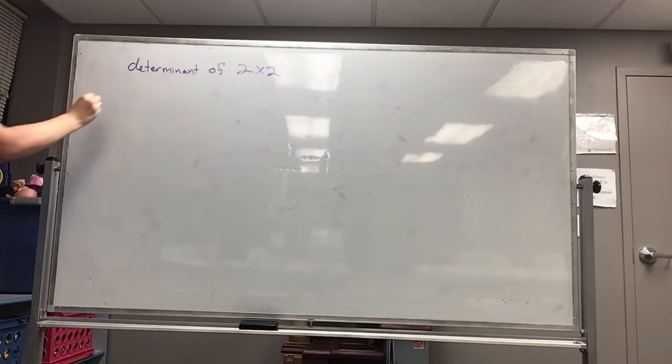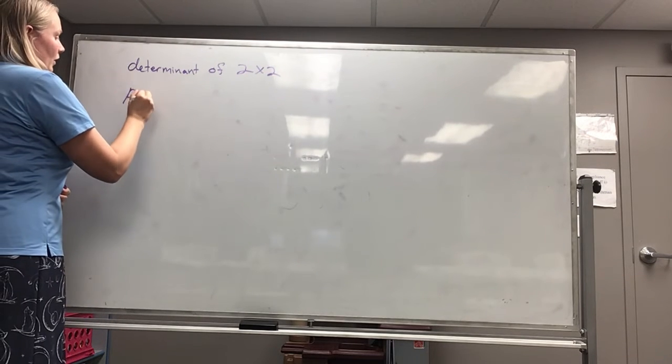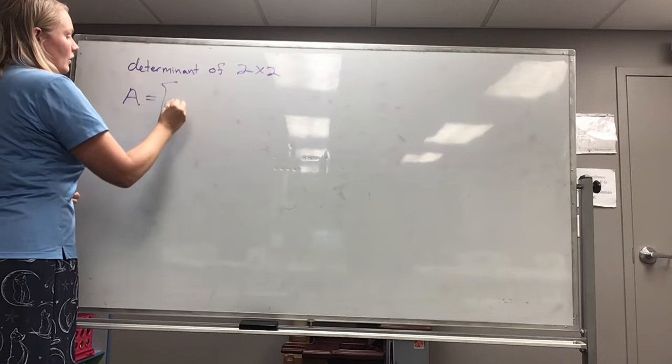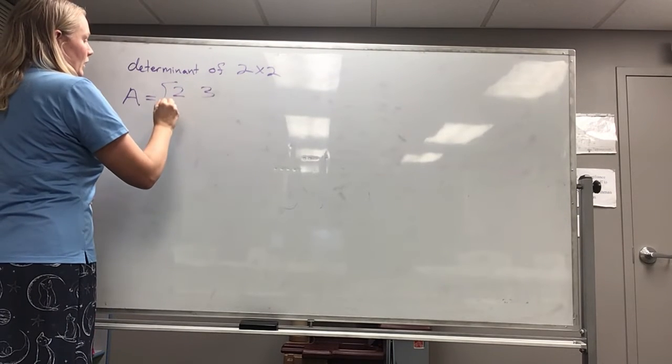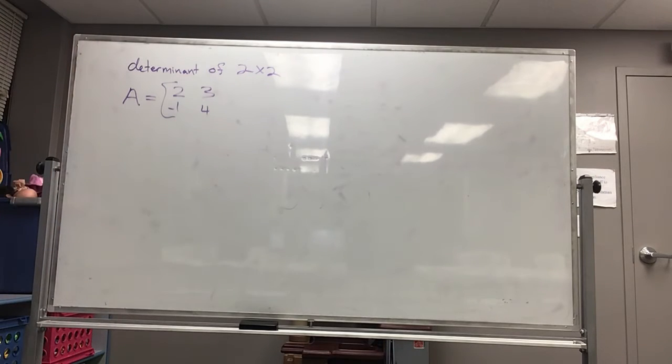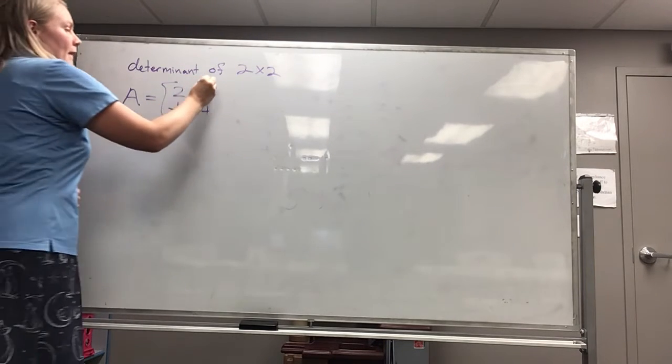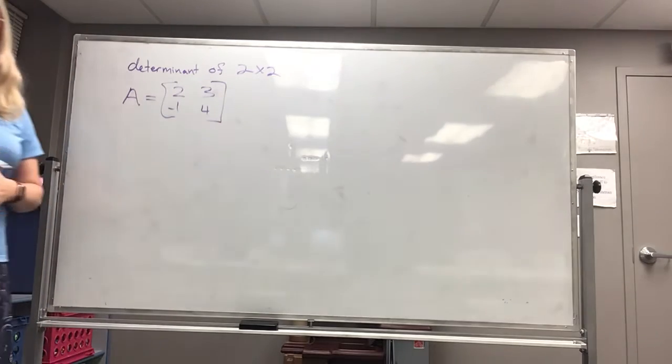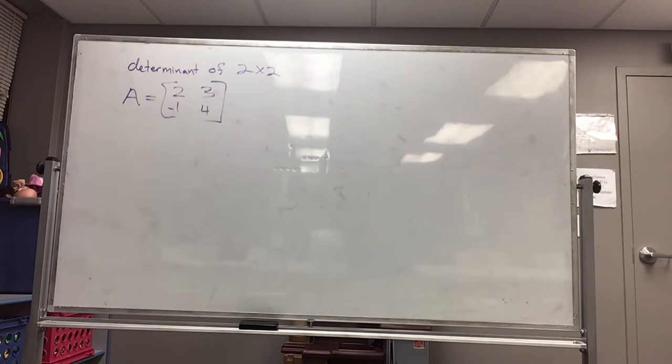So, if they give you A is [2, 3; -1, 4], there are two different ways they might write this determinant.